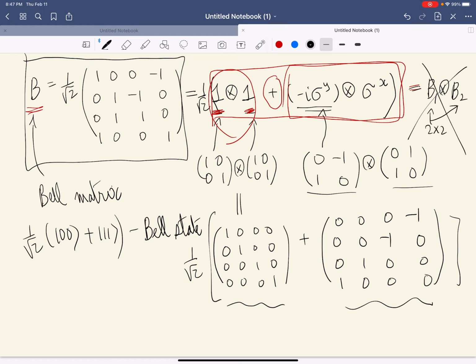This just cannot happen. So the impossibility of bringing this unitary matrix into a factorized form, and the fact that the best one can do is to express it as a sum of two different tensor products, is an indication that this Bell matrix is doing something non-trivial to the wave function. And the non-trivial feature is, of course, that it's encoding some entanglement into the wave function on which it's acting.